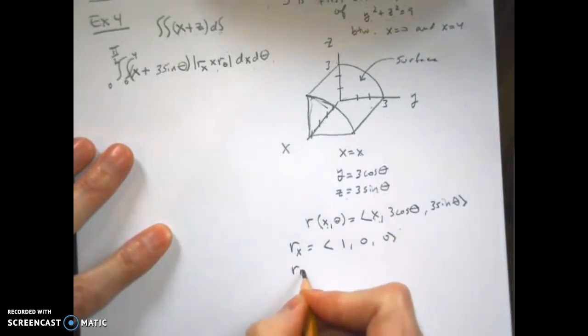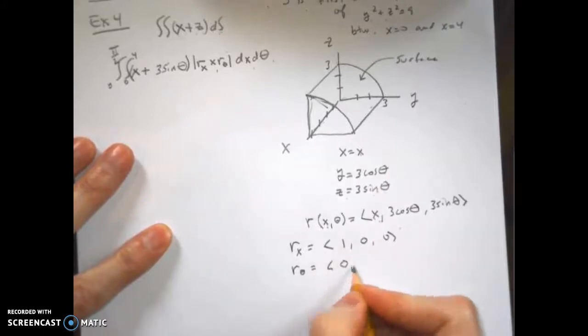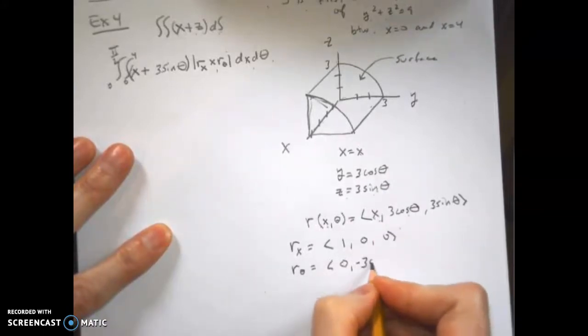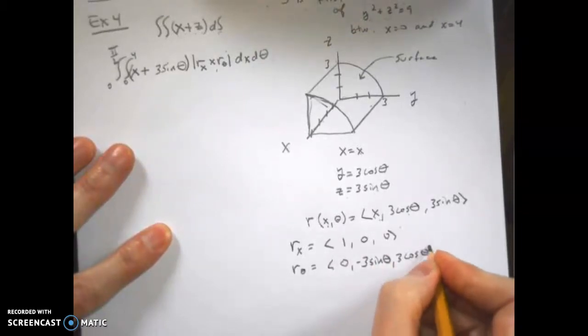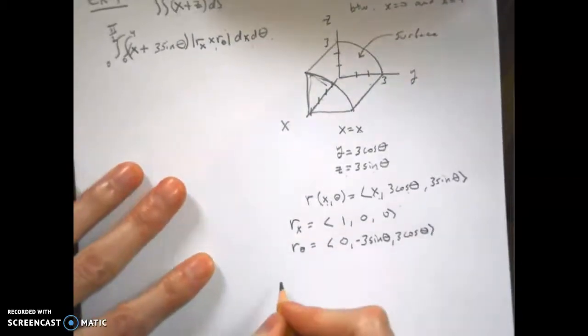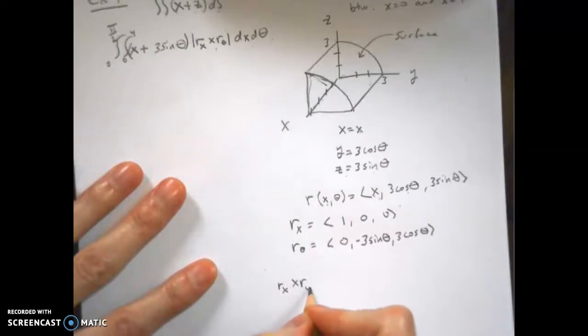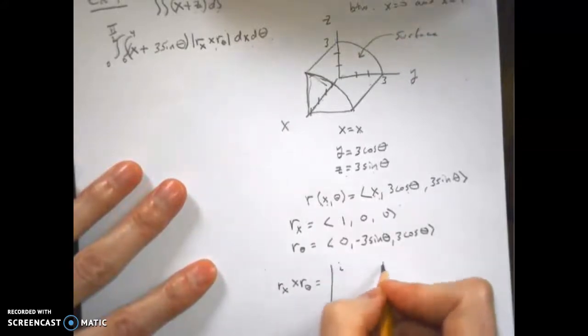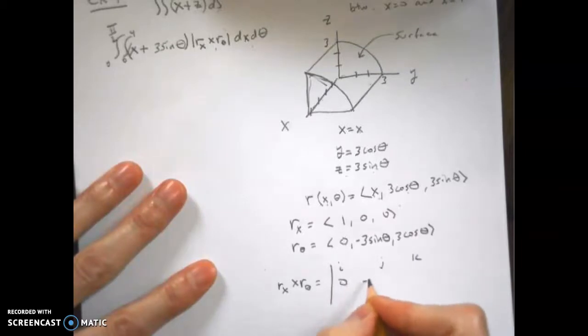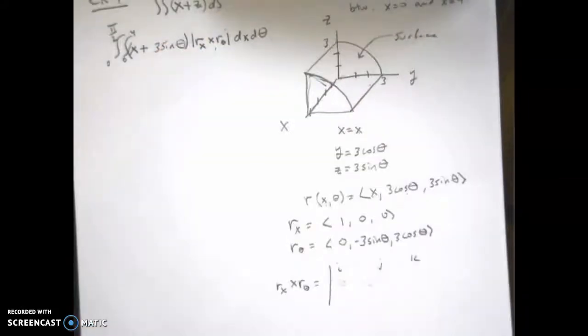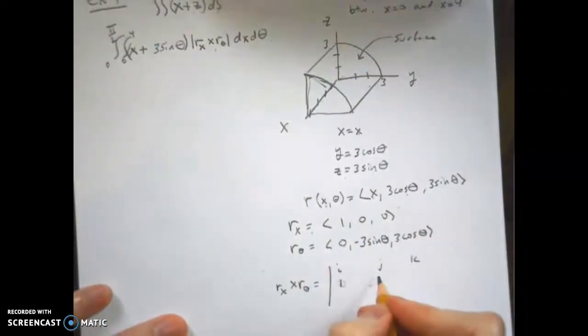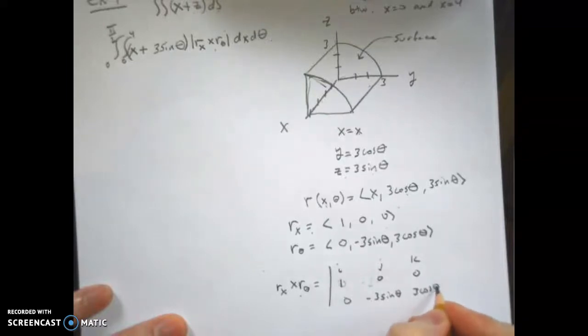The theta derivative is 0, negative 3 sine theta, and 3 cosine theta.